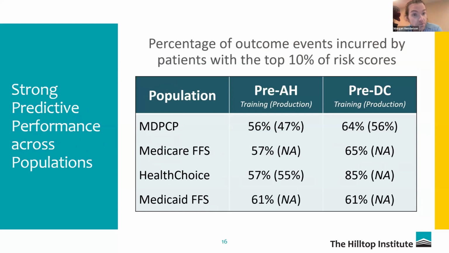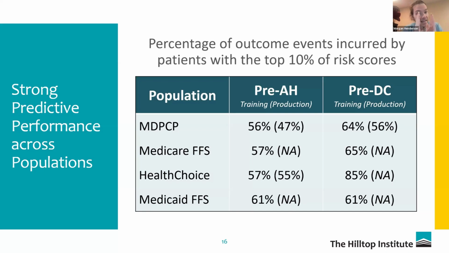So we keep track of the performance of these risk scores very closely, and we wanted to include some information on that. How we measure it is we look at all people that receive a risk score for each of these different populations, and we line them up from most risky down to least risky according to our risk score.